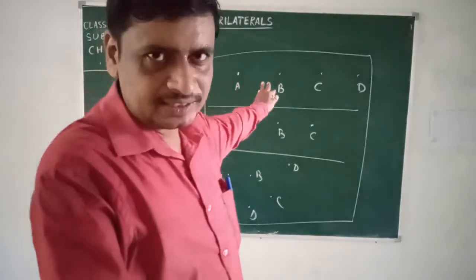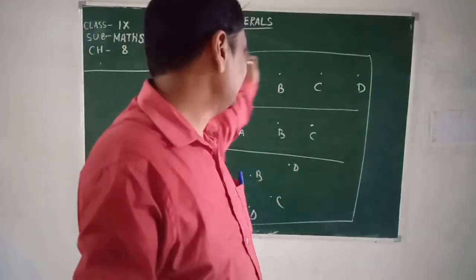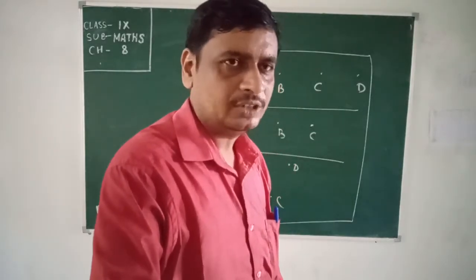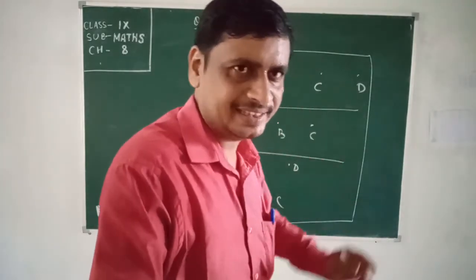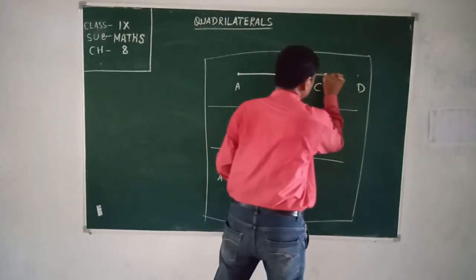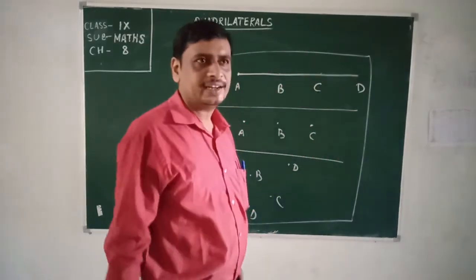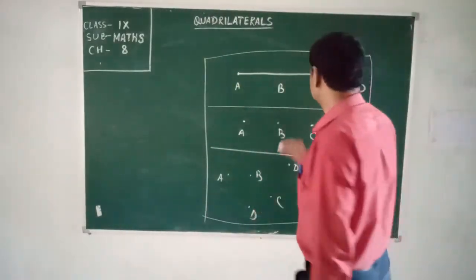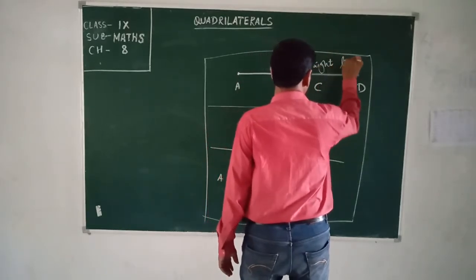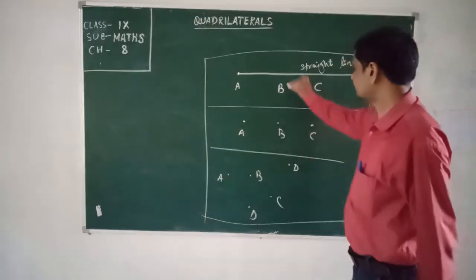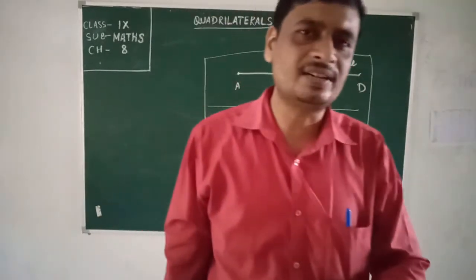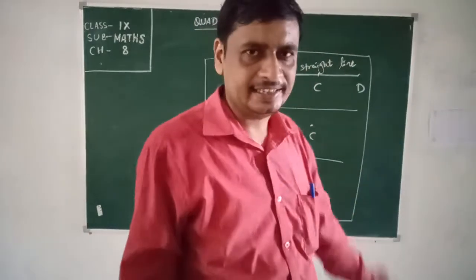There are 4 points on this plane, and all these 4 points A, B, C, D are collinear. What will happen if we join them? Here we are getting a straight line. When we join 4 collinear points, then we will get a straight line.